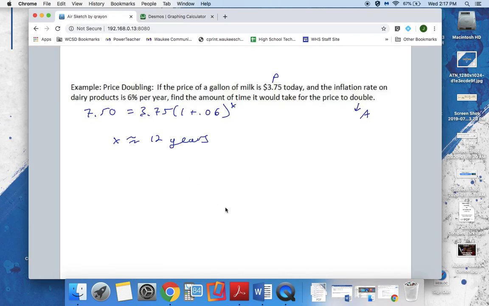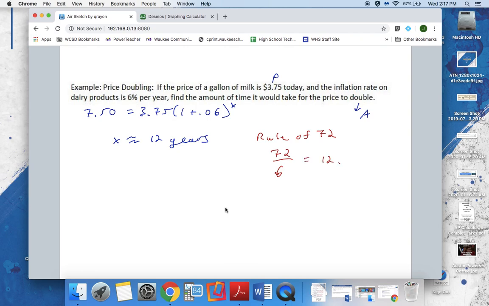Now, something interesting springs out of this, and that is what is called the Rule of 72. And financial analysts use this all the time to try to determine how long it takes for you to double your money. And the Rule of 72 works like this. If you know what the interest rate is, and you know you're going to get that consistent interest rate over time, you take 72 and divide it by that interest rate without converting it into a decimal.